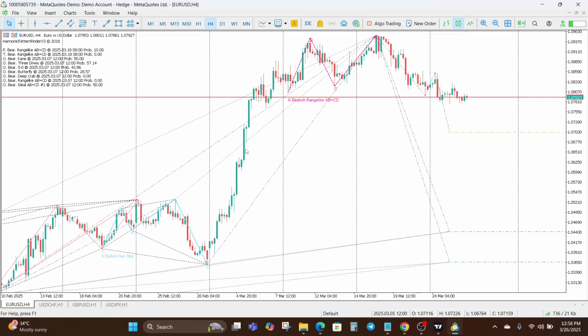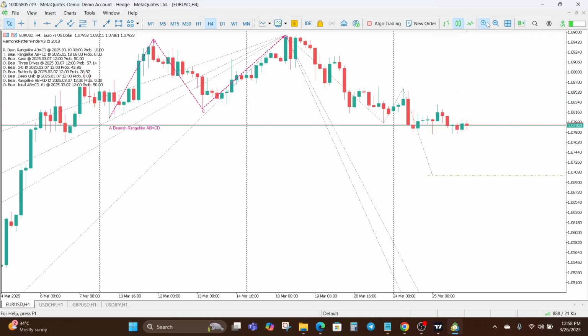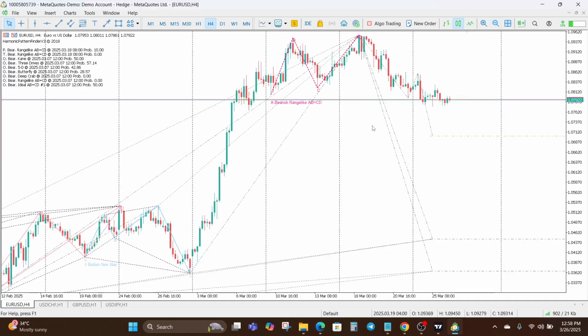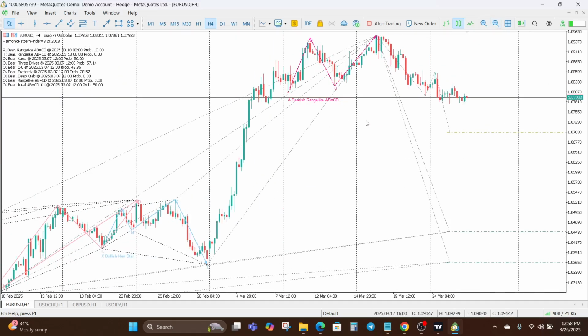These patterns provide traders with well-defined entry and exit points, making them an essential tool for technical analysis.